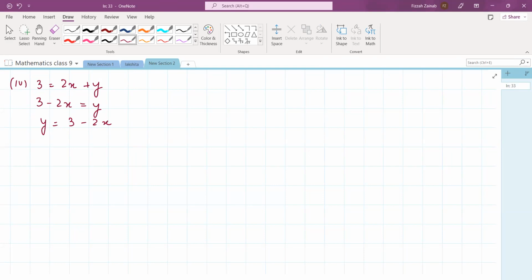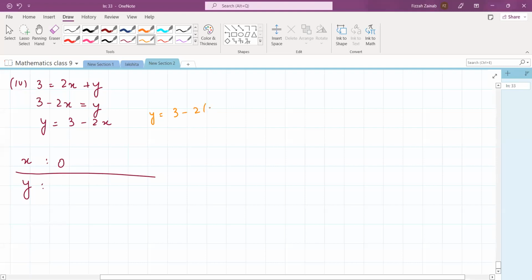Okay. So now make a table and give some values of x and then find the corresponding values for y. If I start from x is equal to 0, let's see what I get. Just solve it, okay? Don't make mistakes. So your y will be 3 minus 2 into 0, so it will be 3 minus 0, that means y is actually 3.